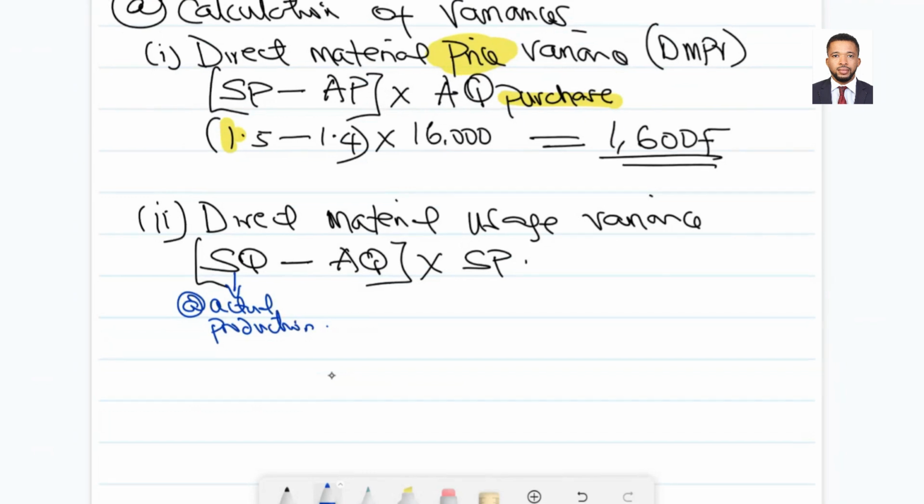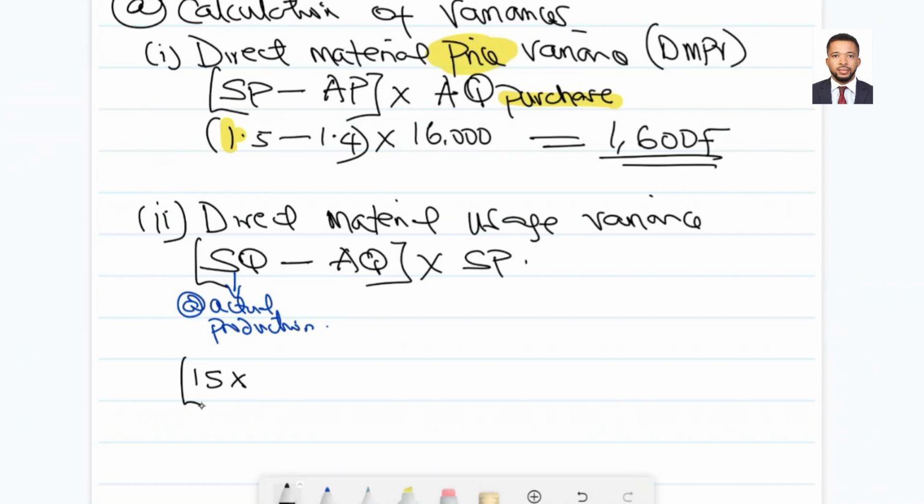What's our standard quantity? Standard quantity, 12. So 12 multiplied by actual production. How much did they plan? Actual production, how much? 1,300 beds.